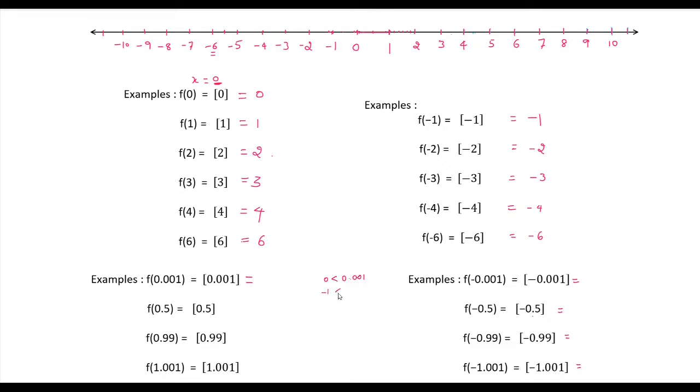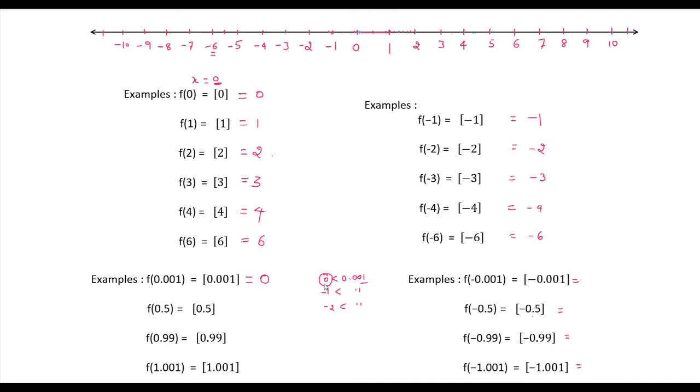Yes. -1 is less than 0.001, -2 is less than 0.001. As we can see, the point is here. 0 is less than this point, -1, -2, -3, there are infinite such integers which are less than 0.001. But out of this, which is the greatest? This is the greatest.